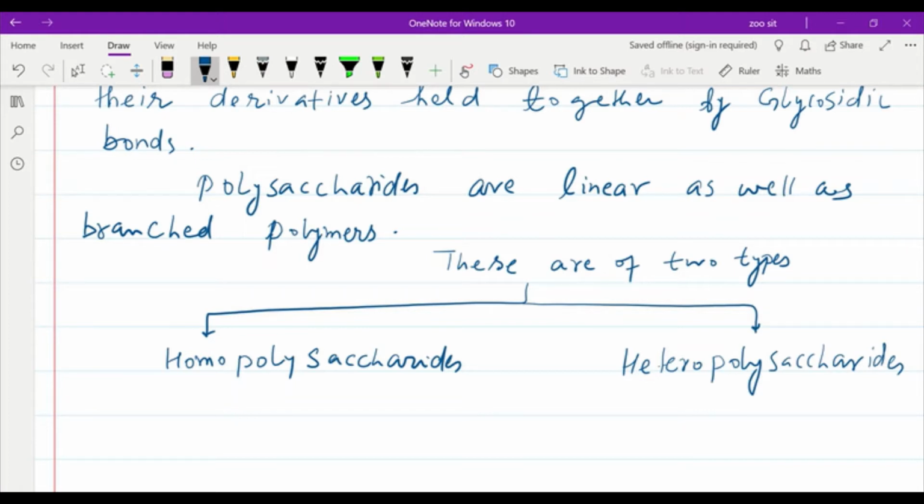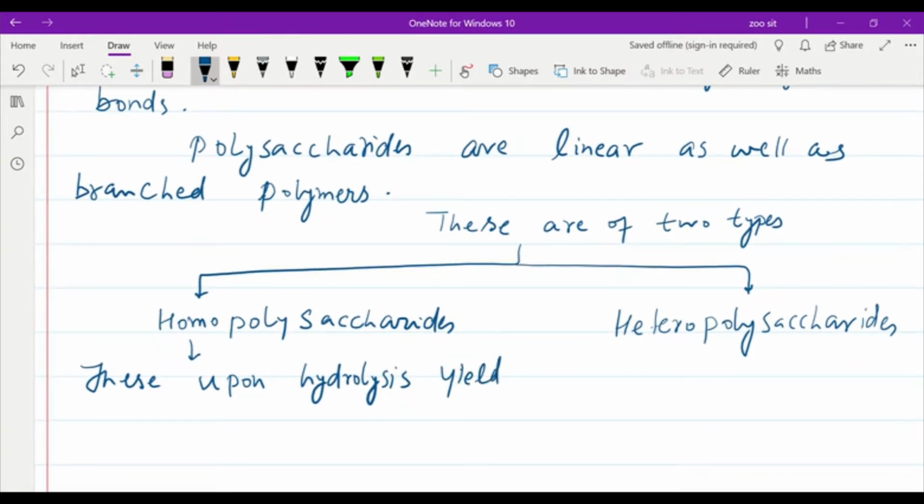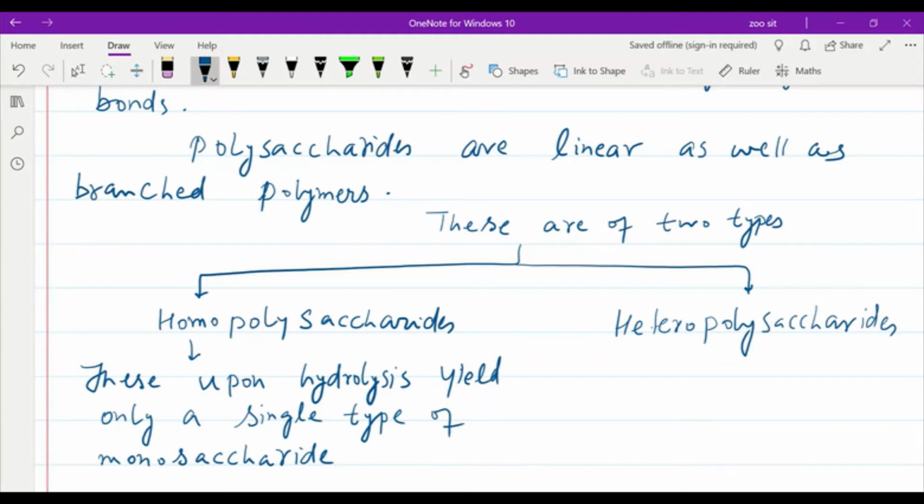As far as homopolysaccharides are concerned, upon hydrolysis they yield only a single type of monosaccharide.